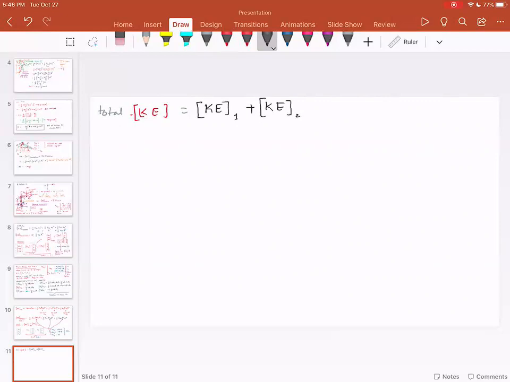You are going to get a very long expression for the total kinetic energy, but we will typically try to use MATLAB to solve this problem.